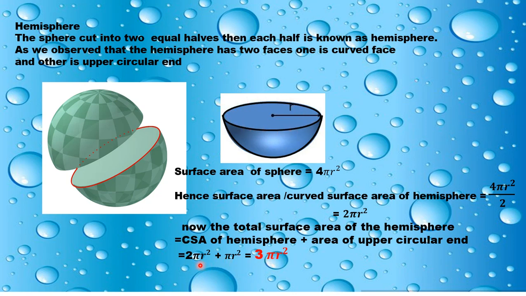As we know, the curved surface is 2 pi r square, and this circular upper end is also a circle, so its area is pi r square. That means 2 pi r square curved surface plus area of circle pi r square, so in total it is 3 pi r square. So the total surface area of hemisphere is 3 pi r square.